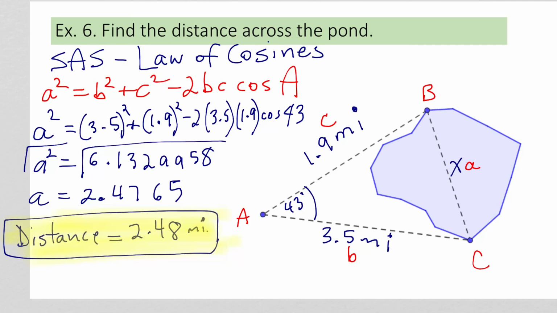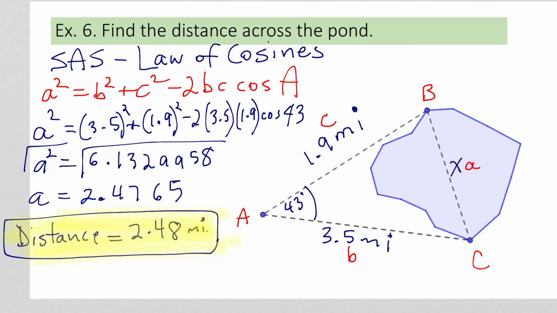Then you would want to lay out the law that you're using, write it out. Then you would want to substitute numbers into the law and simplify down to your final number, and then make sure you rounded to the correct digit and included your units. Okay, so this is the approach we would follow on any kind of a word problem.